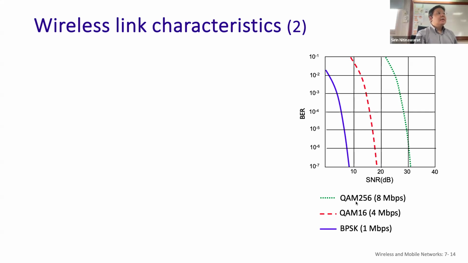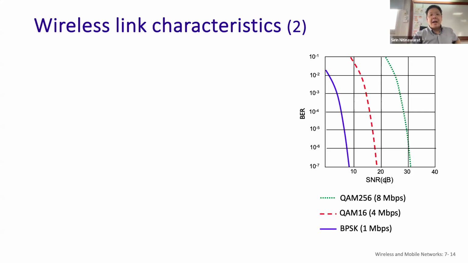Of course, the more bits you pack into one symbol, the more confused the receiver will become. For BPSK, the receiver has to differentiate only between 0 and 1. But for QAM 16, the receiver has to differentiate between 16 possibilities.